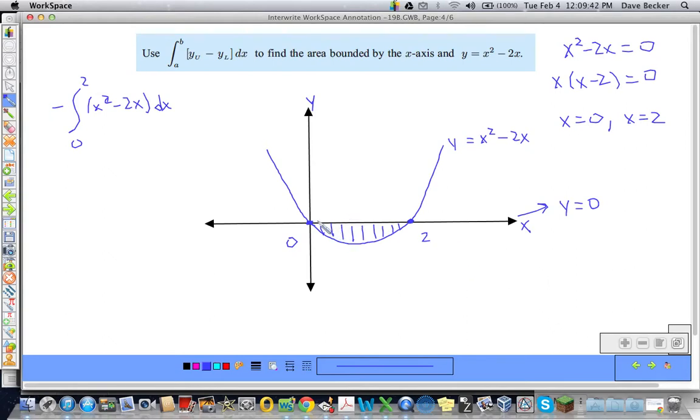But for this bound, y equals 0 is the upper curve, and y equals x squared minus 2x is the lower curve, because that's the upper and lower parts of the boundary.